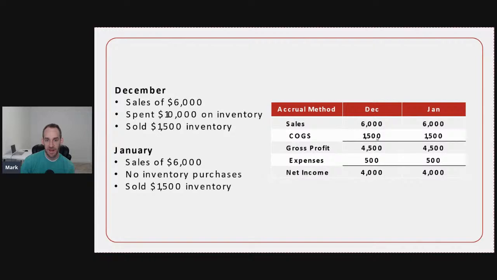This is the original cost of that inventory. So that means you have a gross profit of 4,500, same expenses of 500, net income of 4,000. And these sales numbers are remaining the same. So in January, you have sales of 6,000, which was $1,500 worth of inventory, just like last month, but this month you're not deducting what your purchases were.